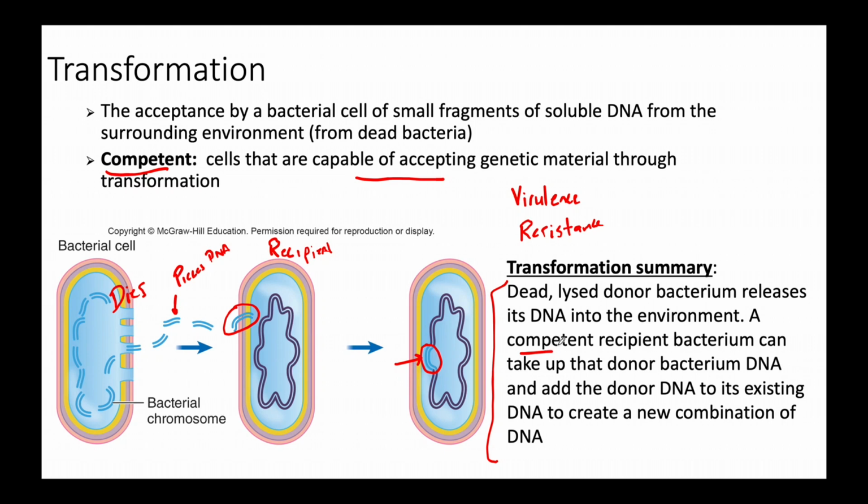If there's a competent recipient bacterium nearby, it can take up that donor DNA fragment, and that can be incorporated into its existing chromosome to create a new combination. Again, that process is what we call recombination.